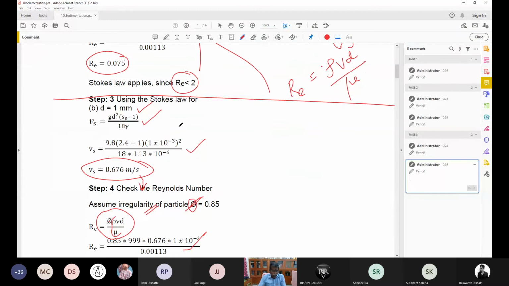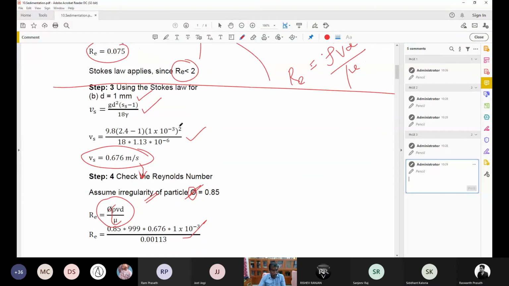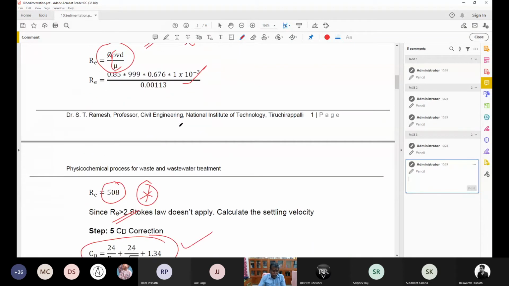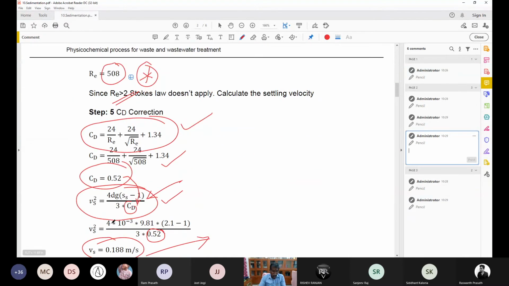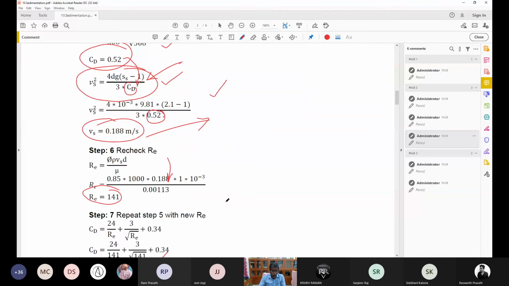For some of the bigger particles, use the formula and find out the Reynolds number. In this case, the Reynolds number is not less than 2, it is greater than 2. Then obviously you have to use the CD correction. Use this formula, find out the CD value, and there is a relation between Vs and the CD value. Use this second formula to find out the Vs value, and with this Vs value, check the Reynolds number one more time.